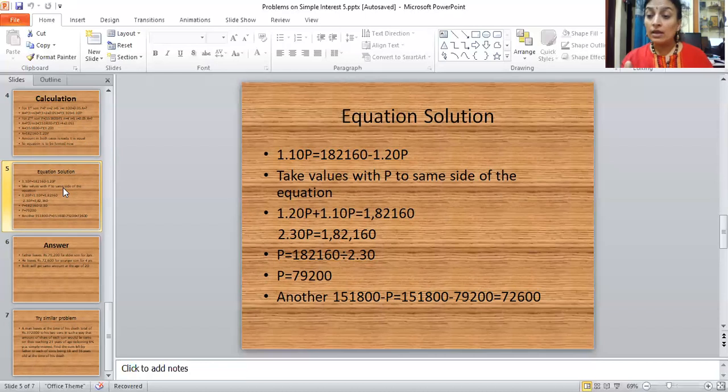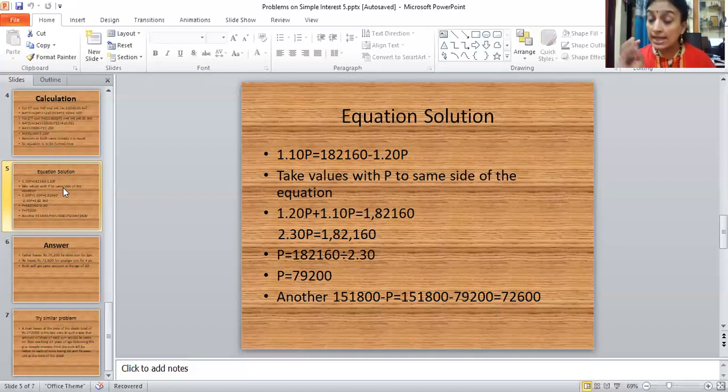79,200. What is this? This is the principal amount which the father has left for his elder son. That is 79,200. What about the younger son? For the younger son, we have kept the P as 1,51,800 minus P. It was the P considered for younger son. 1,51,800 minus, let us keep the value of P, that is 79,200.